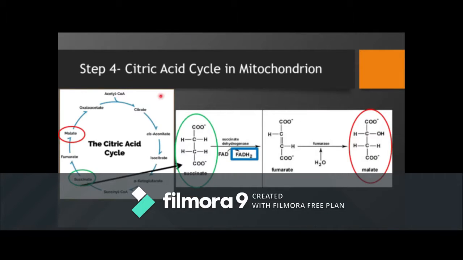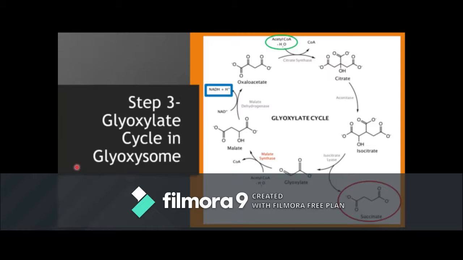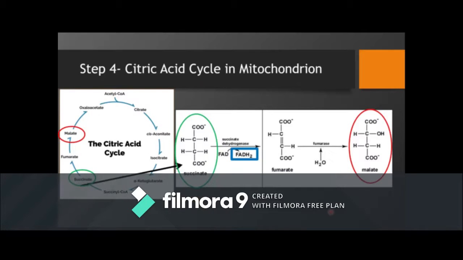Continue on to the fourth step, which is the citric acid cycle in the mitochondrion. Normally, it begins with the acetyl-CoA and then goes through citrate and continues on with the whole process of this citric acid cycle. But thanks to the previous step of the glyoxylate cycle, it skips ahead to where the succinate is and then becomes fumarate and malate.